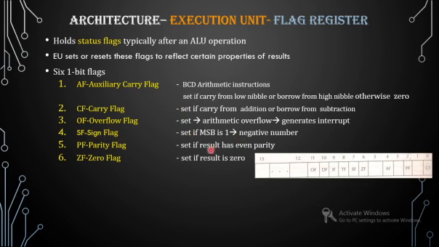Then the sign flag, which will be set if the most significant bit is 1. Next is the parity flag, and the last one is the zero flag. And in addition to these 6 1-bit flags, you have 3 control bits which could be set or reset by the programmer.